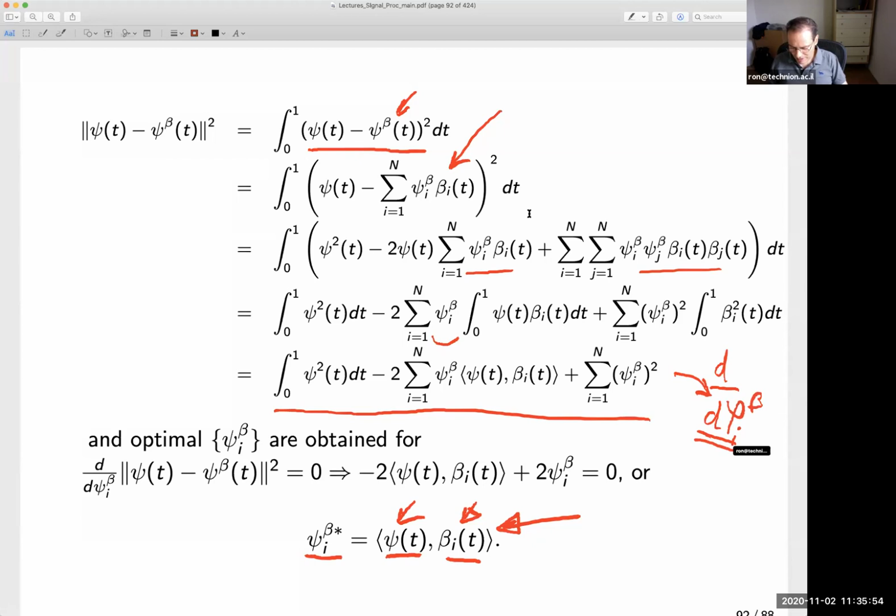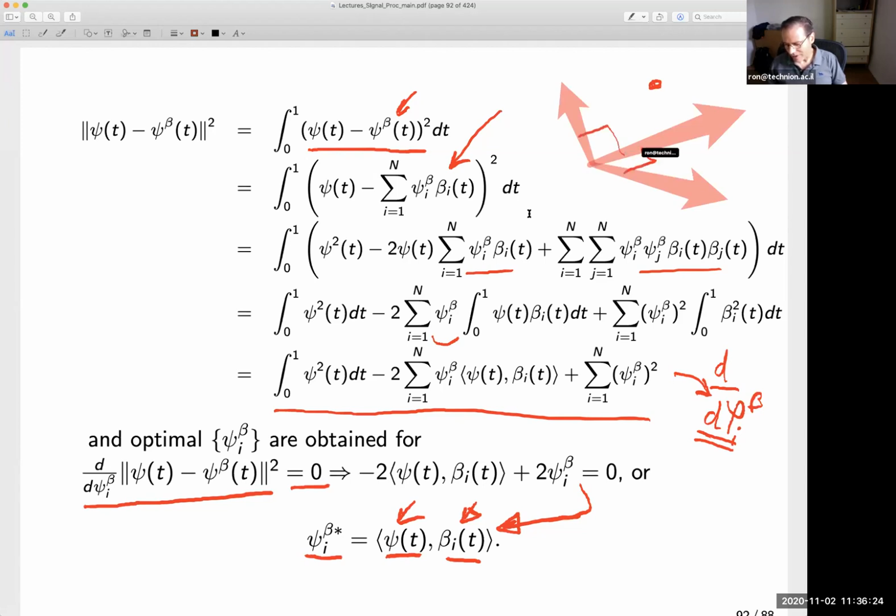And what we get is that if we take the derivative and equate it to 0, at the end of the day, what we obtain is exactly what we suspected: that indeed, in order to get the best scalars, we take our function, and now I'm plotting this function as a point in this infinite dimensional space, and then resort to our betas, each of which can be thought of as a vector, and they are orthogonal to one another.